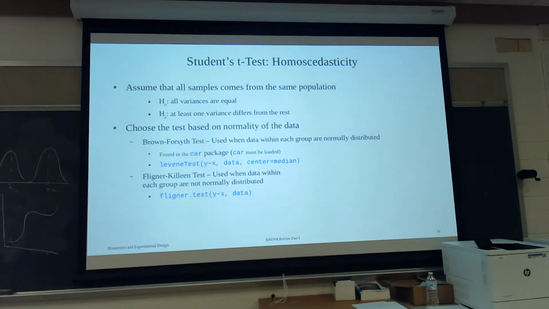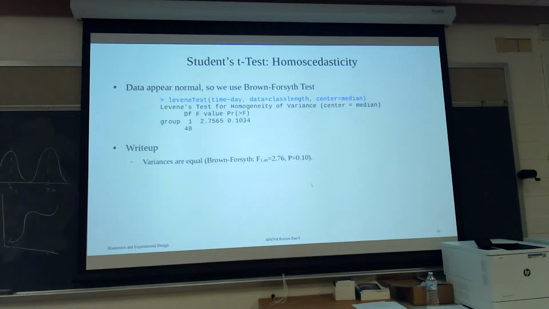So for us, class length, we are using the Brown-Forsythe test. And this is how I run it. So leveneTest, time is a function of day, data equals class length, center equals median.